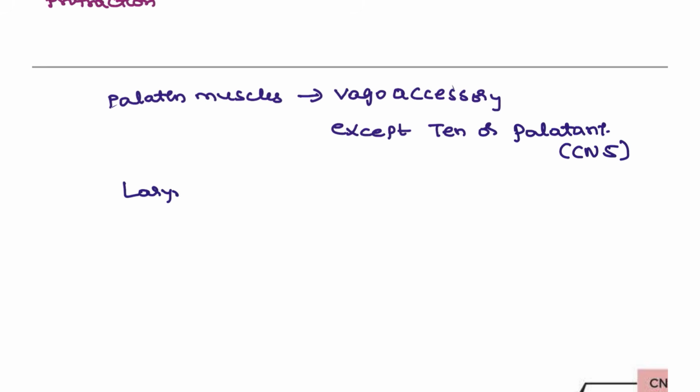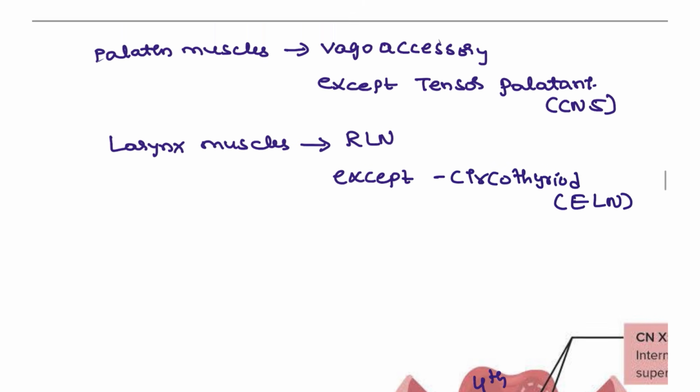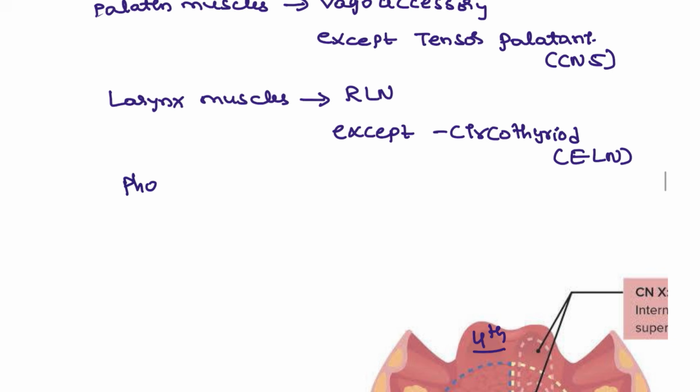Next, larynx muscles, and the larynx muscles are all supplied by the recurrent laryngeal nerve. Another exception we have is the cricothyroid, right? The cricothyroid is supplied by the external laryngeal nerve. Next, we have the pharynx.